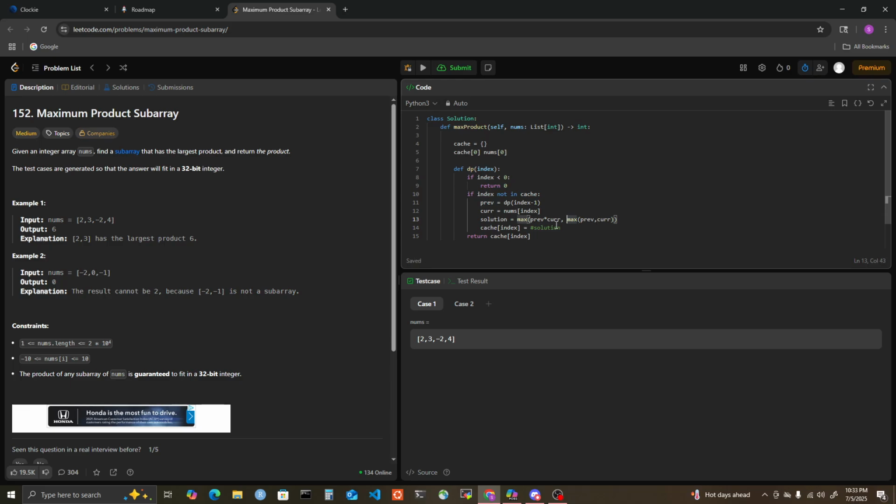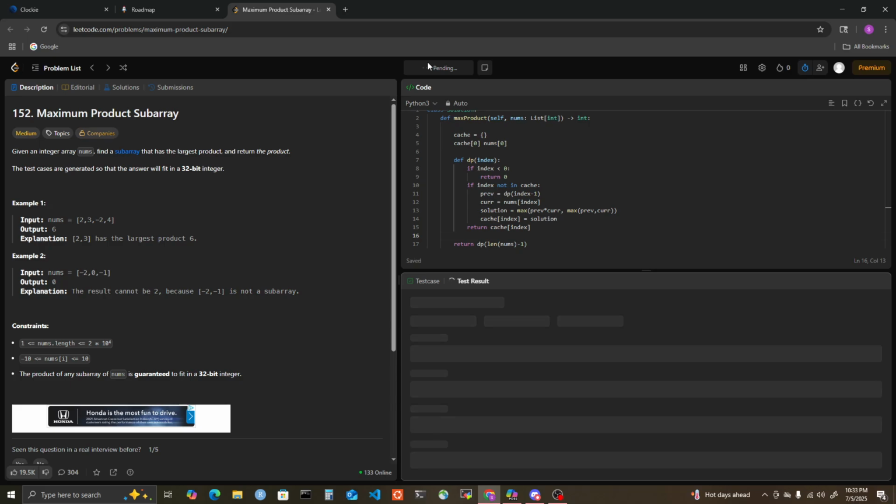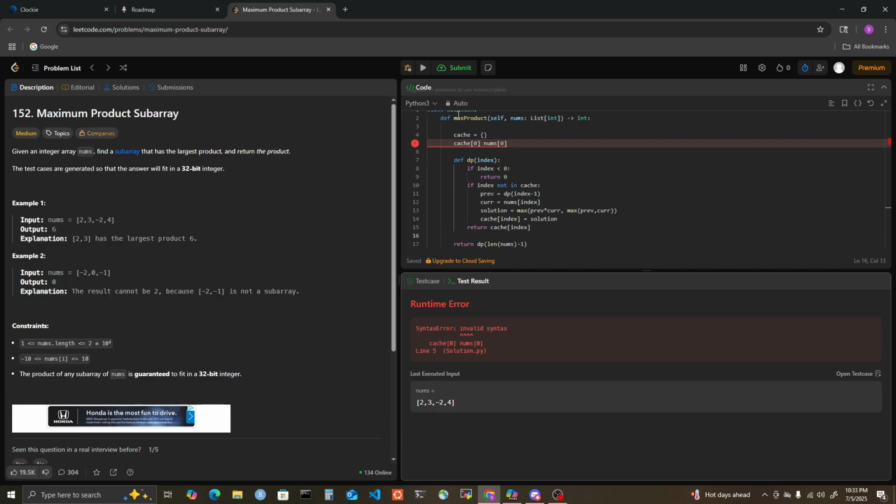And then I'm going to say that dp of index equals solution, and then I'm going to return dp of length of nums minus 1. Alright, let's see if that actually runs or not. Runtime error, because I didn't write an equals sign.